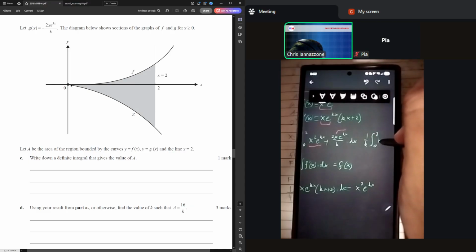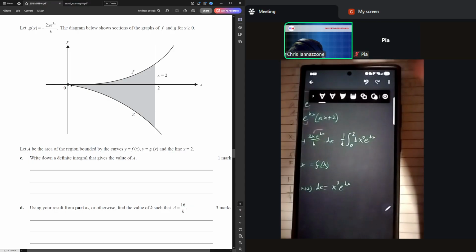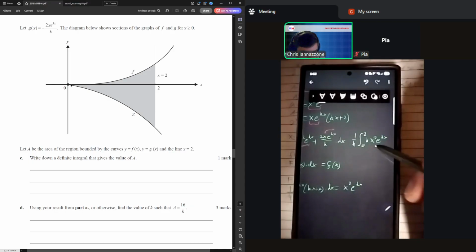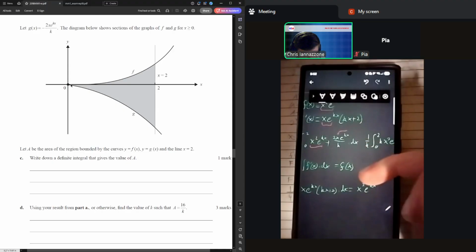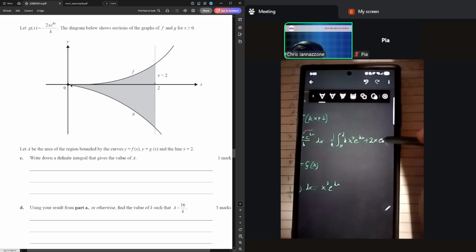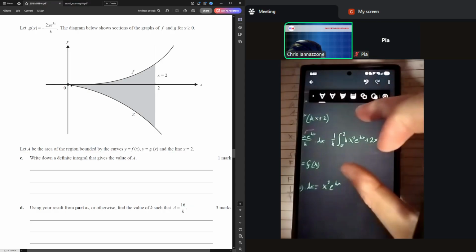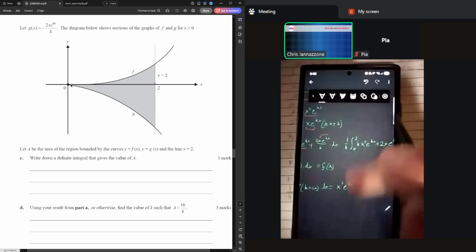So you're going to have k x squared ekx, because if you brought that 1 over k back in, it would go back to that. And then this one's now going to become 2x ekx. Yeah, you can definitely work on this one and make it look more like this.